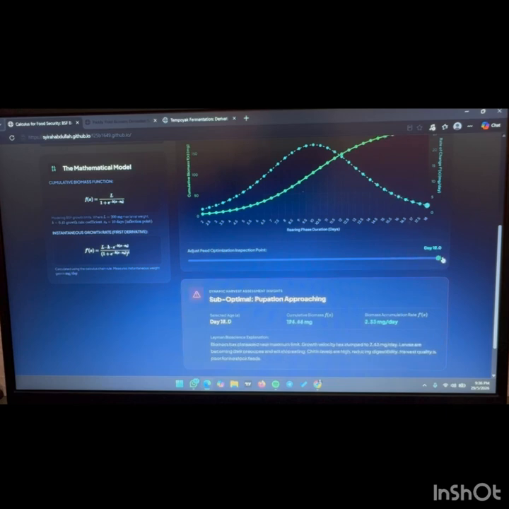Next is the mathematical model section. The cumulative biomass function F(x) shows the total larva biomass growing over time. The first derivative F'(x) represents the instantaneous growth rate of the larva. This derivative helps identify the point where growth is at its maximum.